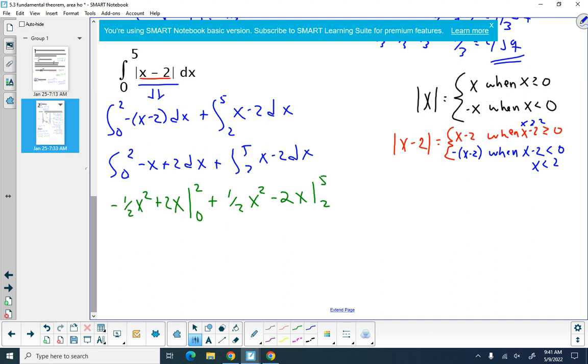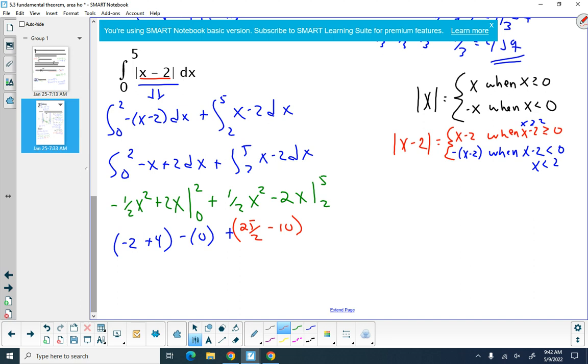We have to evaluate at the value of 2 first. So we have 2 squared, which is 4, times negative 1/2, which is negative 2, plus 4. Nice when we get the zeros in there. Minus 0. Plus, then we evaluate our second value. We evaluate at 5. So we have 25 halves minus 10.